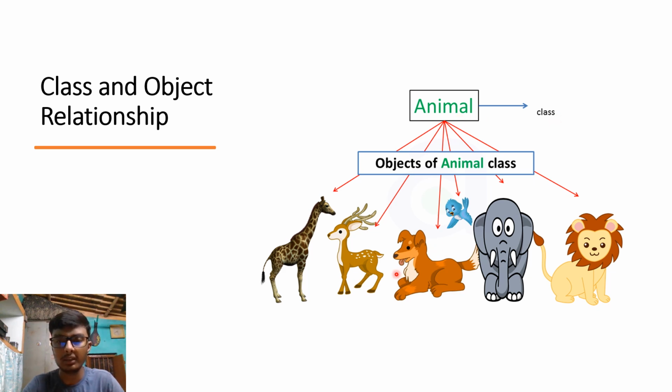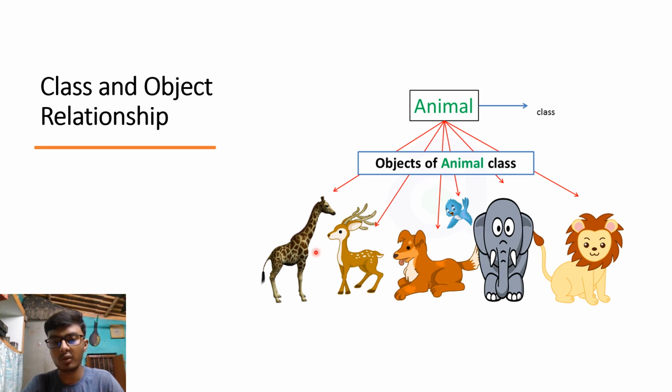But when we start specifying a particular animal like elephant, lion, bird, deer, we are talking about objects of this animal, because when we say animal, it doesn't specify any particular animal, but we can say that this is a template where there may be lots of animals.